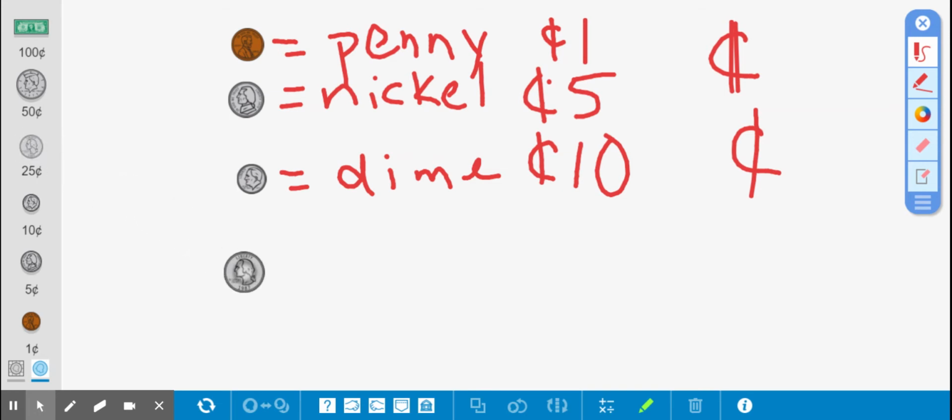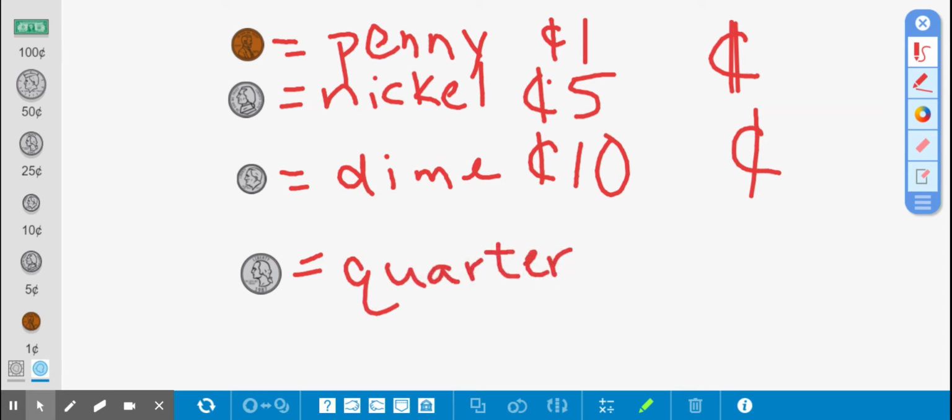And this is our quarter. And it's worth 25 cents. Sorry about my handwriting. It's kind of hard to write with the stylus.